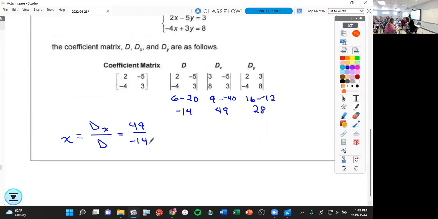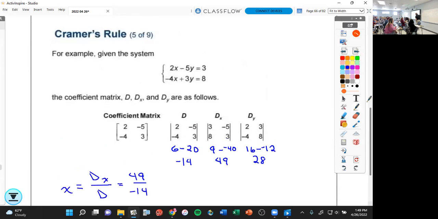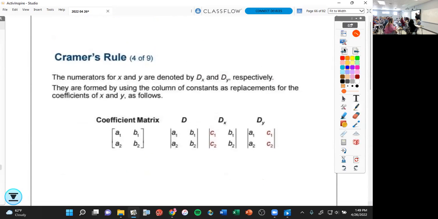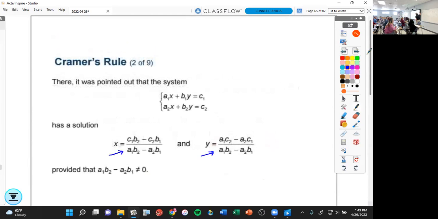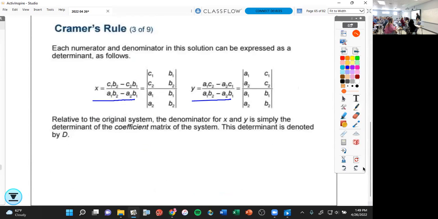Remember on the last slide, where it was all the letters, Cramer's rule, C1 B2 minus C2 B1. Instead of C, they're using the actual solution. That's Dx. That's D. That's Dy. That's D.